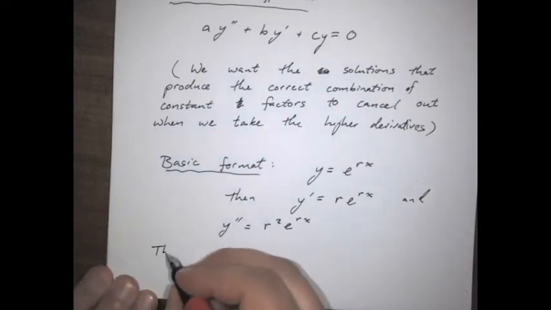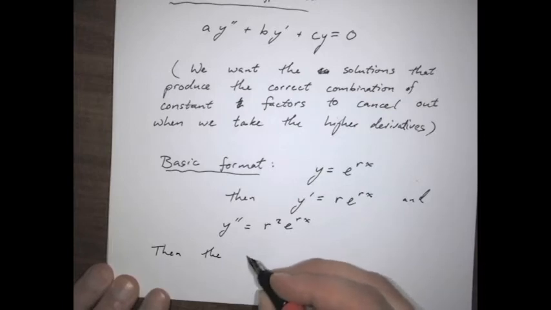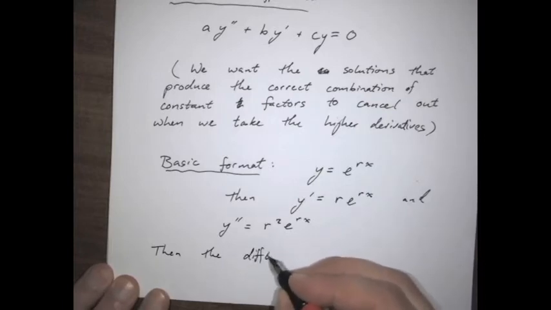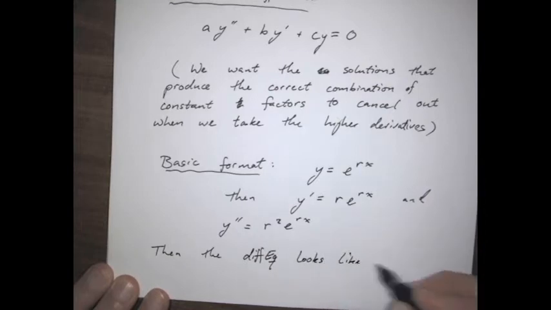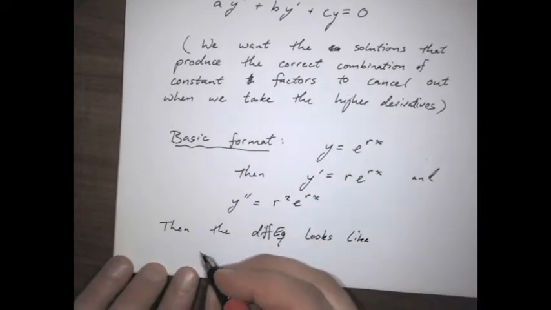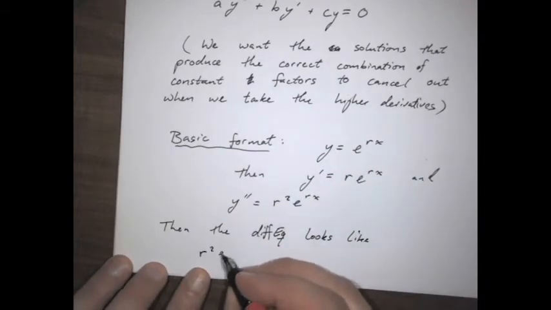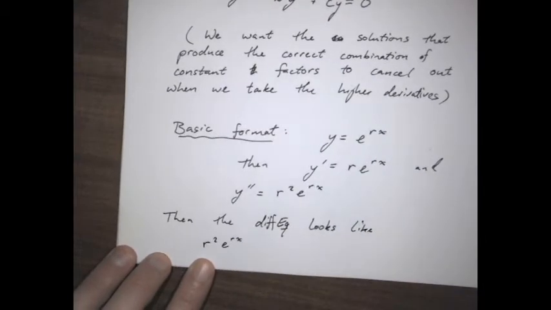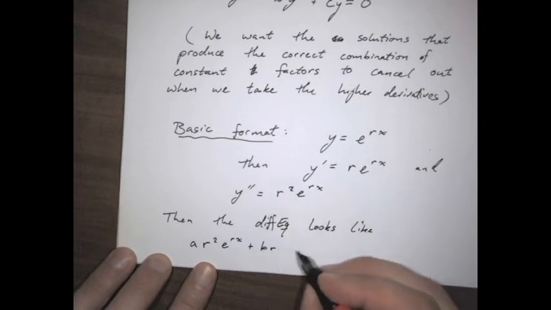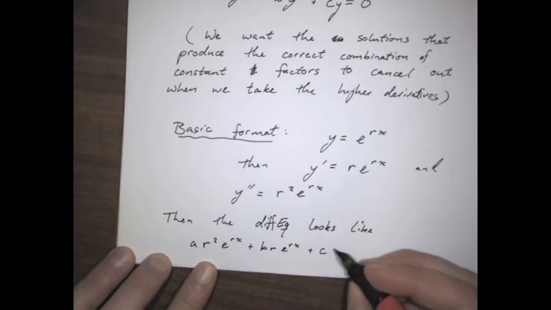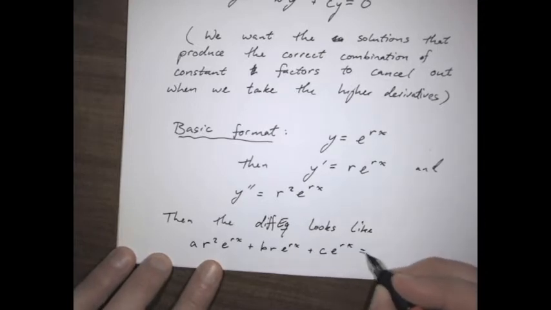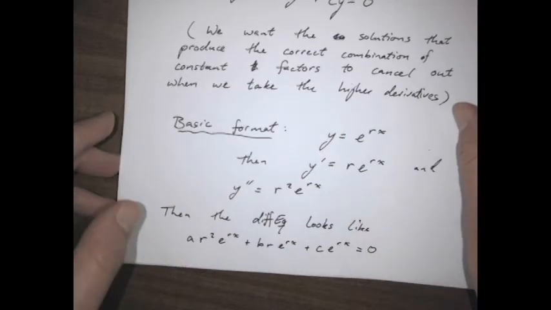So then the differential equation looks like a r squared e to the rx plus b r e to the rx plus c e to the rx equals 0, which we can then factor the e to the rx out of.